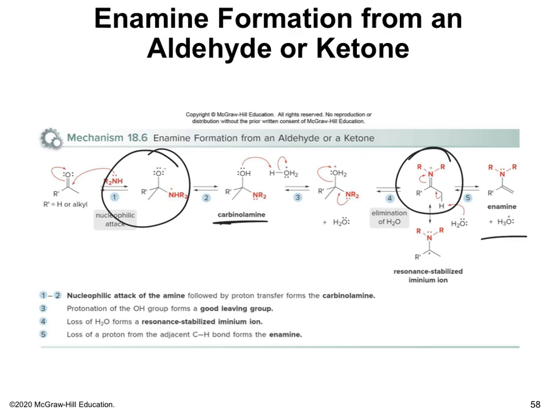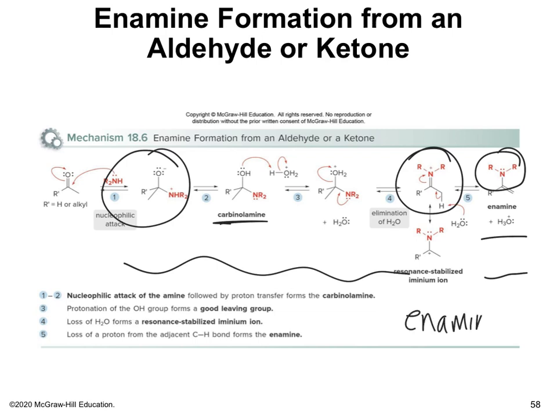Yeah, that makes sense because you want to have a neutral compound. Like I said, you don't need to know this mechanism. I will not ask you this mechanism for the enamine because we have not really talked about this alpha acidic proton.